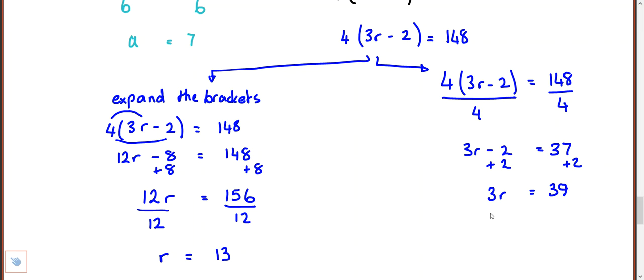Then you divide by 3, which gives me 1r equals, well, it needs to be the same answer as over here. Is it 13? 3 lots of 13 is 39. So we get the same answer, which is lucky, because if we got a different answer, we'd have done something wrong.